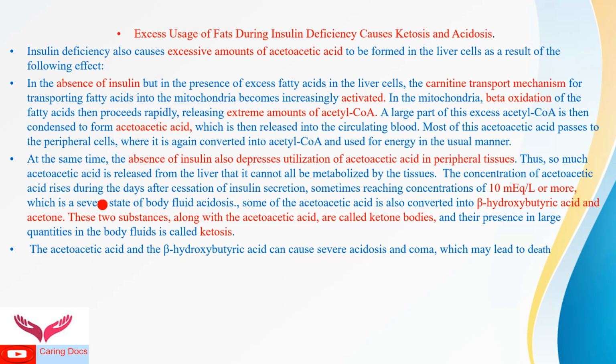But at the same time, because of the absence of insulin, there also occurs depression of the utilization of acetoacetic acid in the peripheral tissue, and it starts accumulating in the blood and tissue. The concentration of acetoacetic acid rises during the days after cessation of insulin secretion, and sometimes the concentration may go beyond 10 milliequivalents per liter or more, leading to a severe state of acidosis.